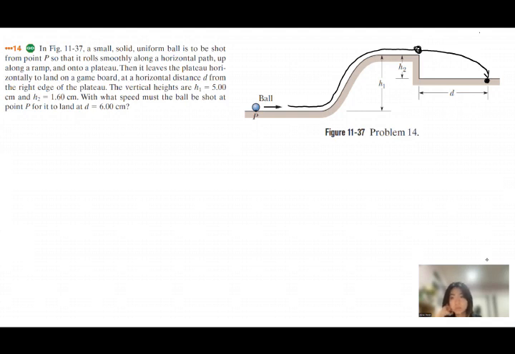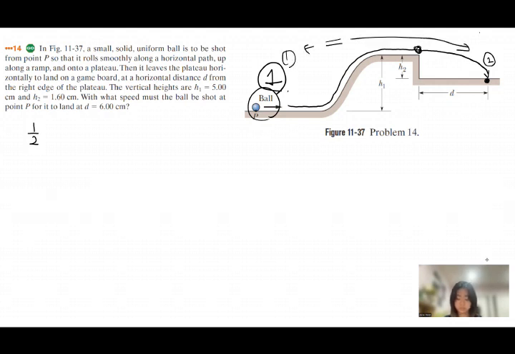So with that constraint on this problem, the total energy of the first part of this system, that is number one, and when the ball has reached the end of that track, that's number two. Total energy at number one and number two should be the same, as you know.